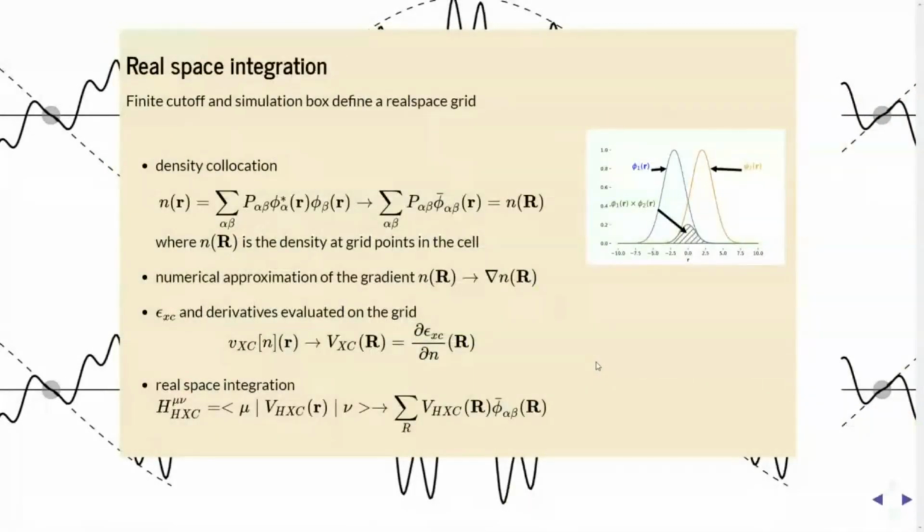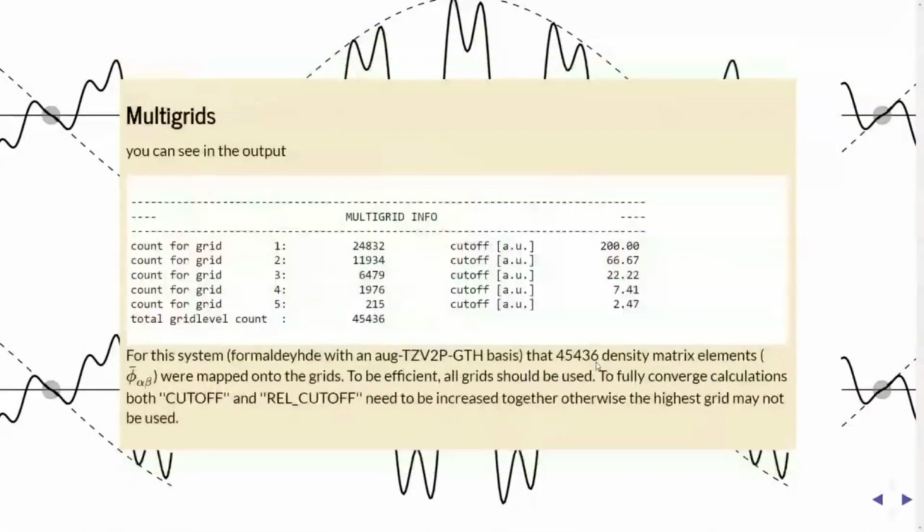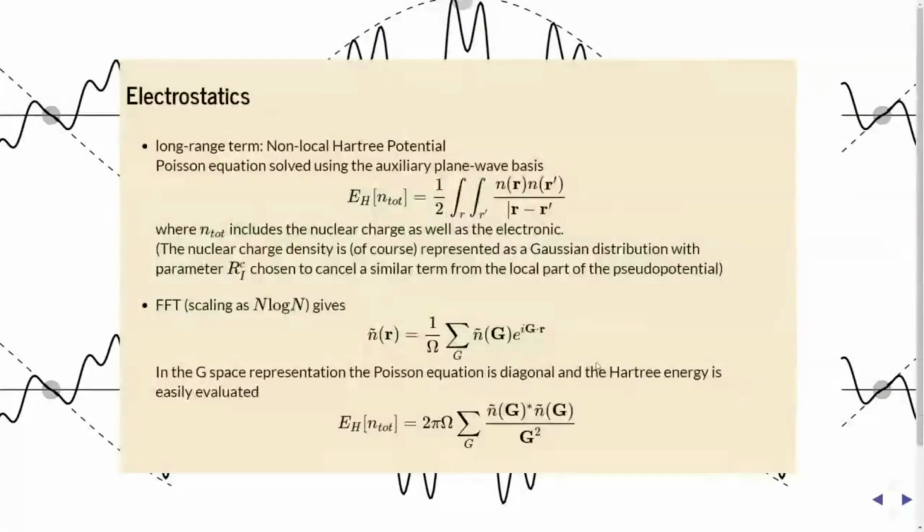Well, it turns out that we can actually evaluate the electrostatic terms and the exchange correlation terms very easily on these grids. So we can run exactly like a plane wave code, like Quantum Espresso or something like that, in terms of collecting the electrostatics. We put the density on these grid points, we Fourier transform it, and then you can basically write down the energy of the system.